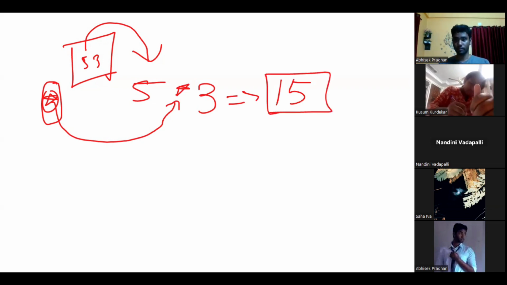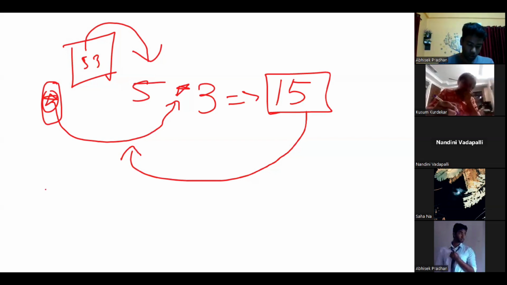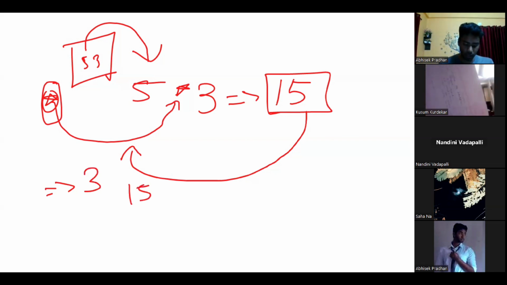Any doubts till now? No, sir. Okay, now once this is done, if the expression is still not complete, you push this back to the stack and wait for the next value to come. For example, if your next value is 3, your stack will contain 15 and 3.